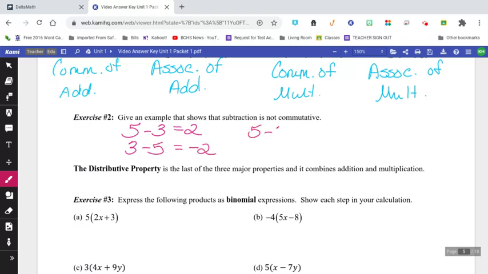So therefore, 5 minus 3 does not equal 3 minus 5. So it's not commutative. The same thing is true with division. It didn't ask for it, but 10 divided by 5 is 2, but 5 divided by 10 is 1/2. They're not the same.